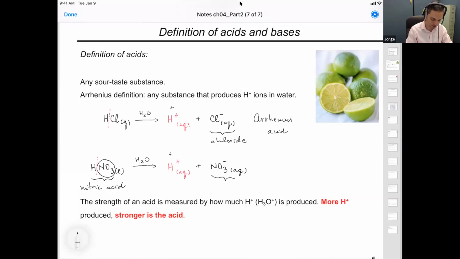And we know the name for NO3 minus is nitrate. Again, I'm just using the Arrhenius definition of an acid. Every time we dissolve an acid in water, we must produce H+ ions. Careful with the charges. And from now on, I want you to write at least the physical state for the products. I need you to write them.